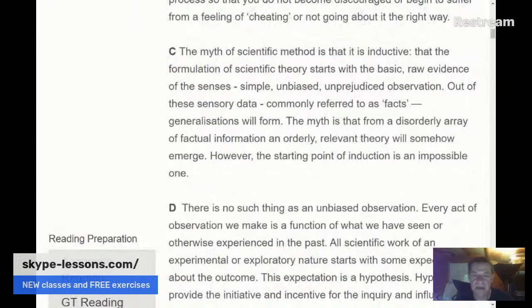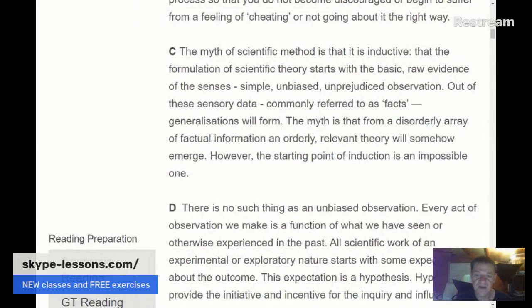The myth of scientific method is that it is inductive, that the formulation of scientific theory starts with the basic raw evidence of the senses, simple, unbiased, unprejudiced observation. Out of these sensory data, commonly referred to as facts, you hear this word a lot nowadays, facts, yeah? Generalizations will form.